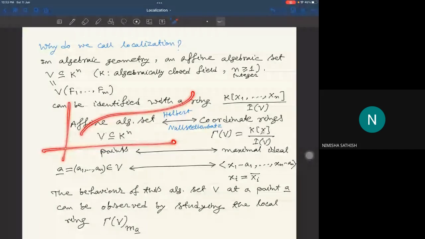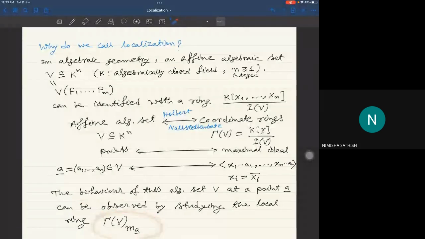So you consider a fixed point, take the corresponding maximal ideal, and localize the coordinate ring at it. The behavior of this algebraic set can be studied by studying this local ring. So that is why we call it localization. It is actually reducing every problem to local problems. Okay, I think that's all. I should stop now.